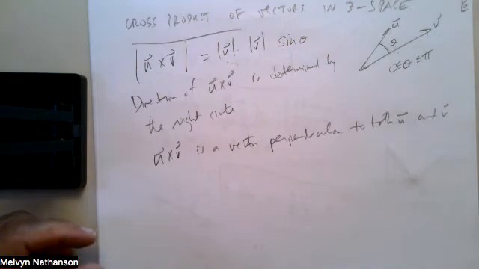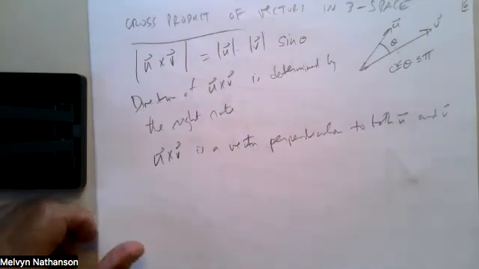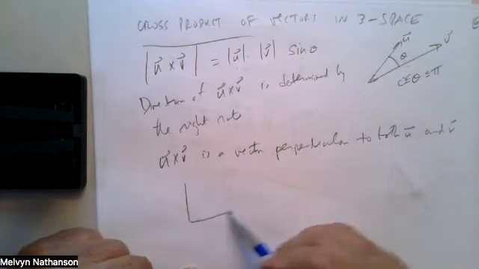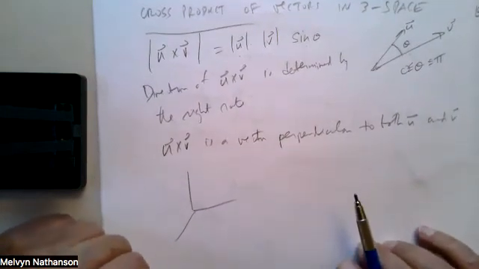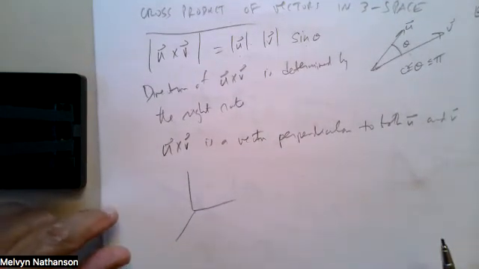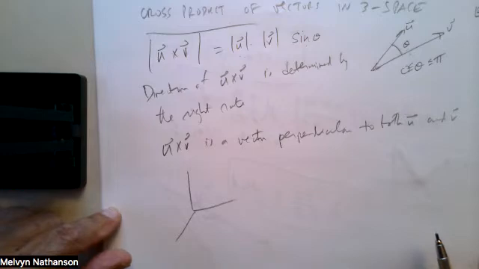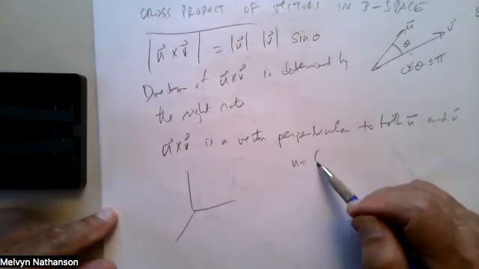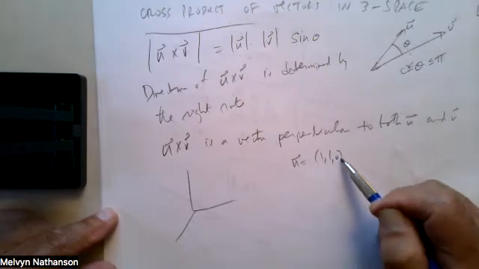And let's try to look at an example. It's always hard to draw vectors in 3-dimensional space. I'm going to pick an example that's in the book where there's a picture on page 838. I take the vector u to be 1, 1, 0.